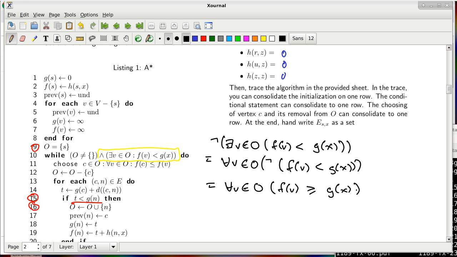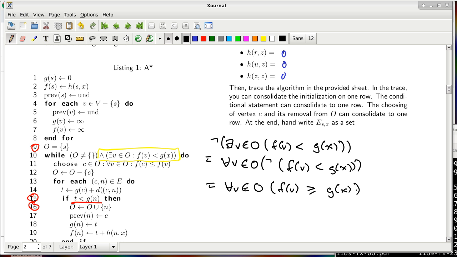If there's a shorter path, then g of x is not the shortest yet, right? But for all the v's, your f of v is already greater than or equal to g of x, and the new one is supposed to be less than that. So why is that not possible? Because each f of v is g of v plus the heuristic from v to x.